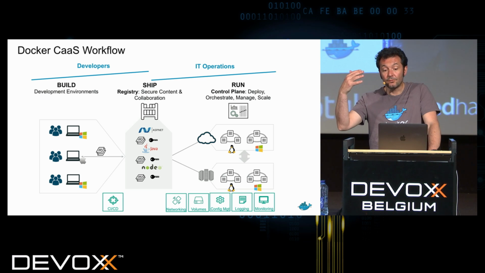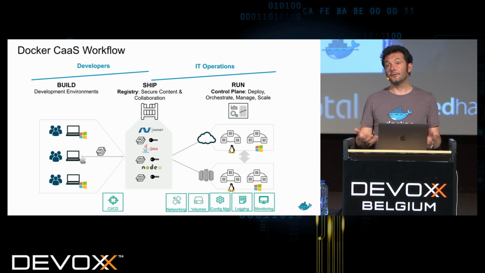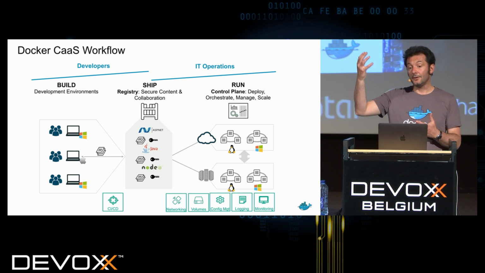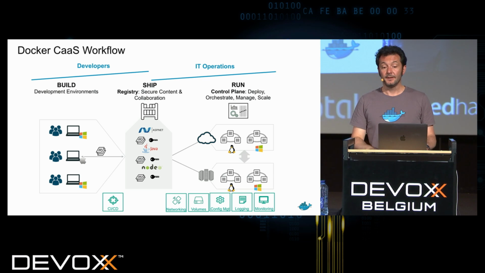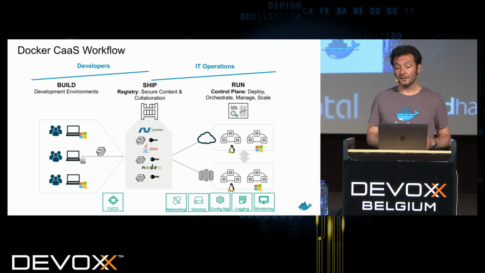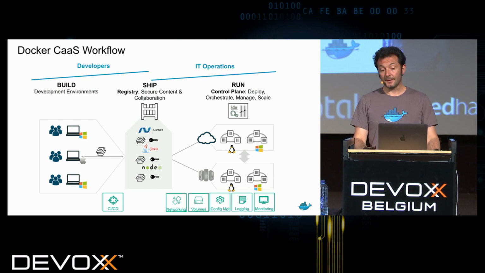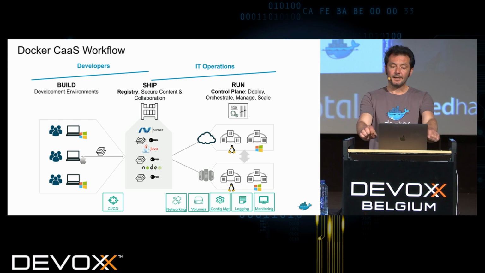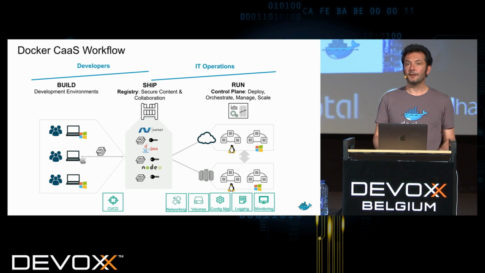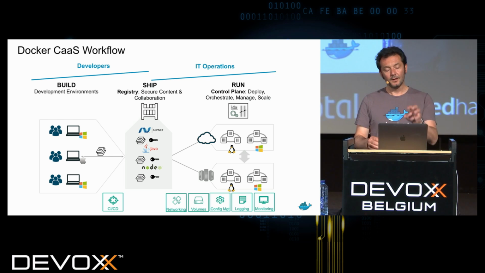And then for running your workloads, either on-prem or in cloud or in hybrid setups, we have something that we call Universal Control Plane that uses swarm mode in order to run your workloads across different types of infrastructure. And then at the bottom of that, what you see there is all the integration points. We are super well integrated with lots of CI/CD tools.